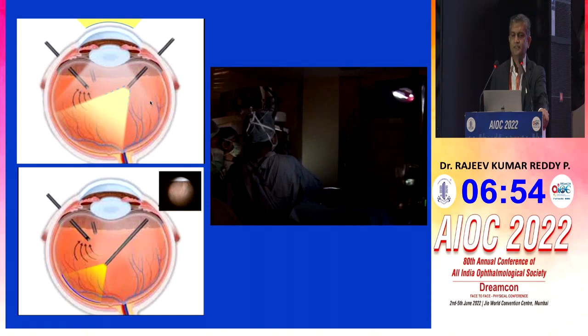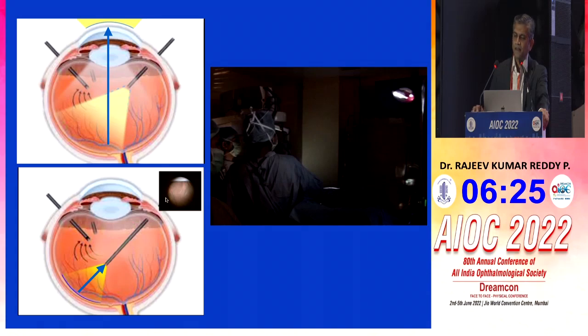So this is the usual way of looking at the retina, where you have light thrown from the endoilluminator and gets reflected and comes out through the cornea. Whereas endoscopy is where the light is thrown through the endoscopic probe, passes through just like an endoilluminator, and the light gets captured and comes out through the same camera.